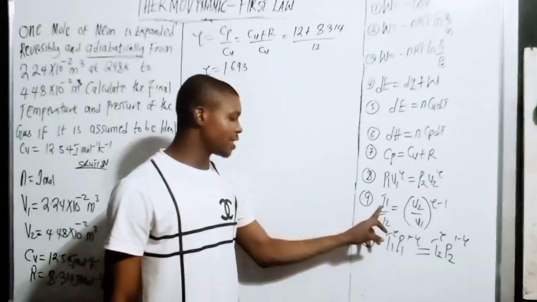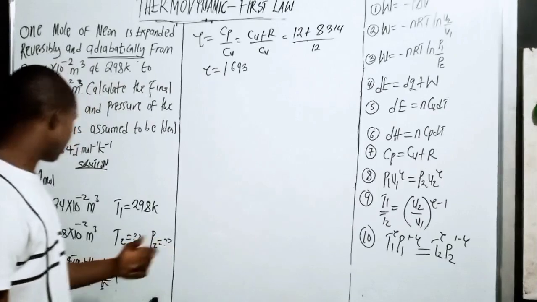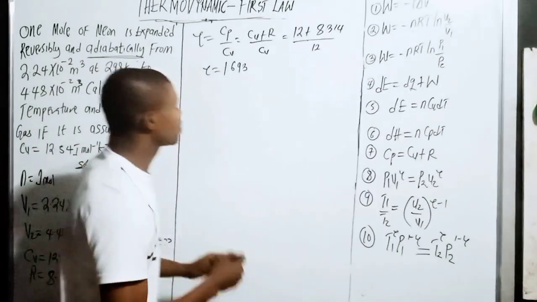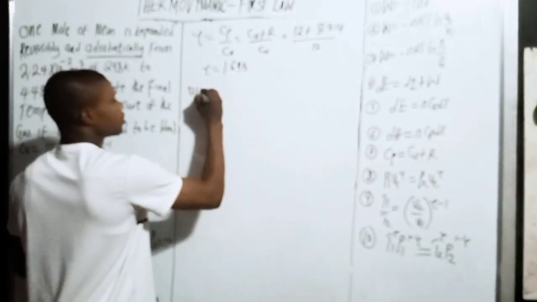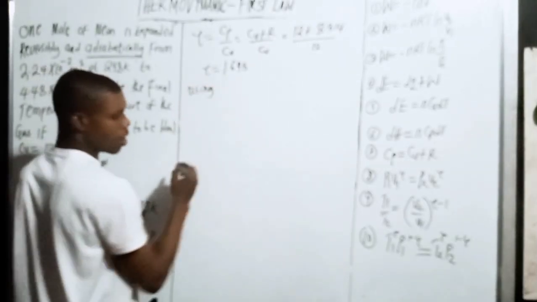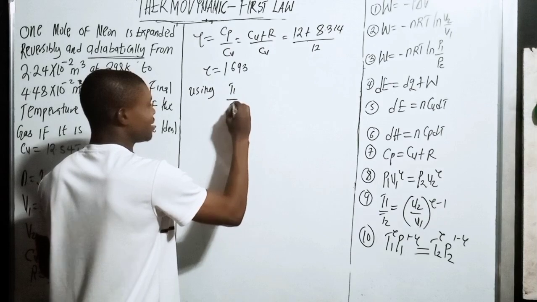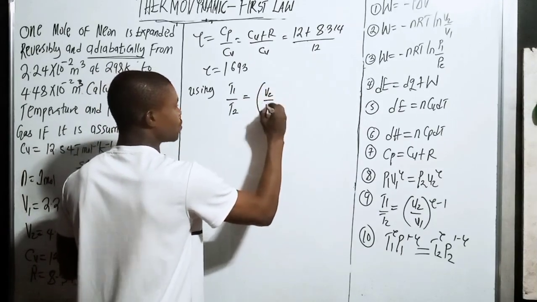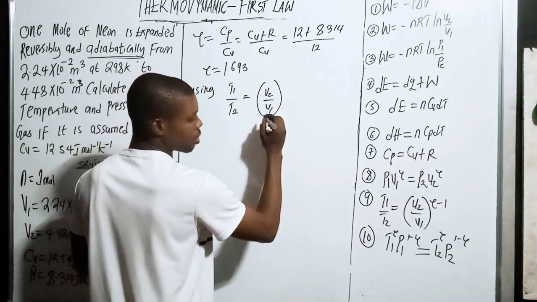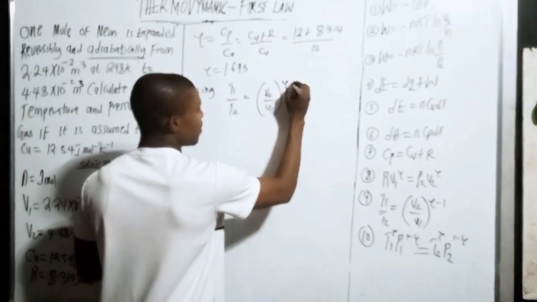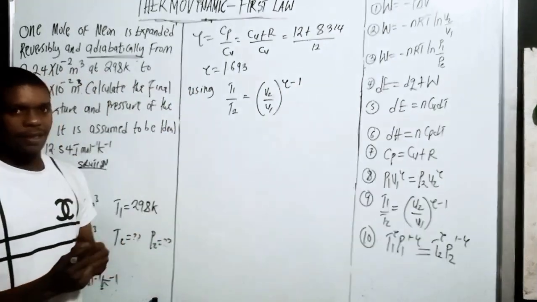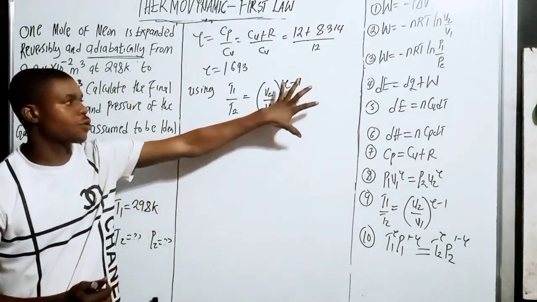Here we have temperature and volume, so this is what we are going to make use of. So we say, using T1 over T2 equals V2 over V1 to the power gamma minus 1. Can you see that?